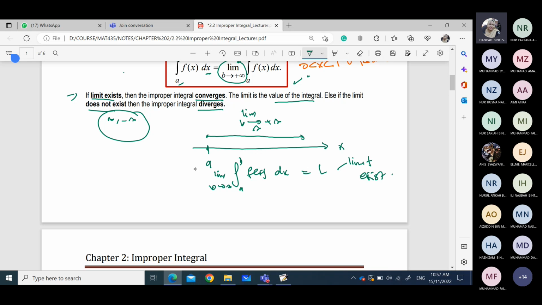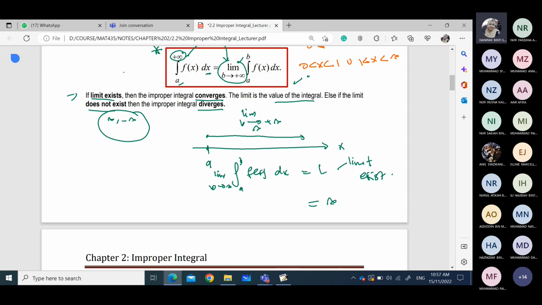Okay, let's say after you solve this problem, the limit as b approaches infinity of this integral, and we get infinity. So when you get infinity, it means there is no limit. There is no value there, no value for it to converge or tend to. So when you get infinity, we say the limit does not exist.